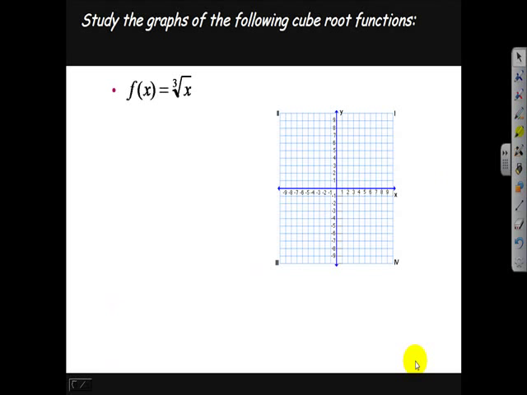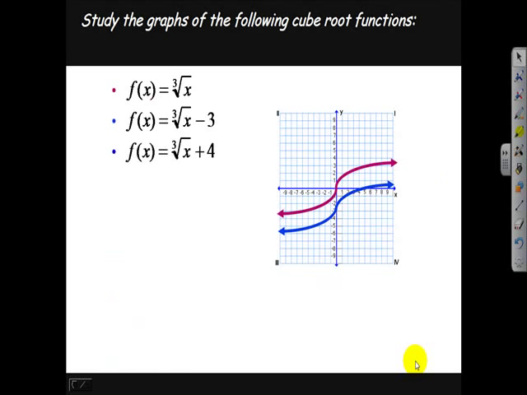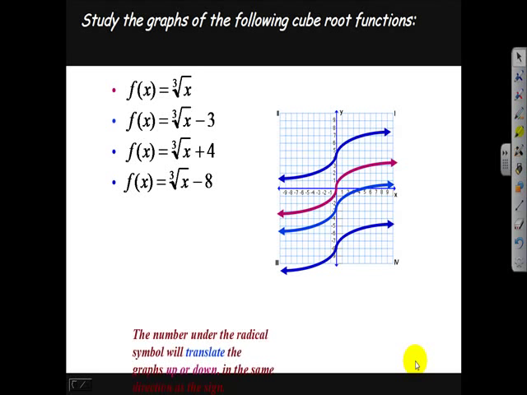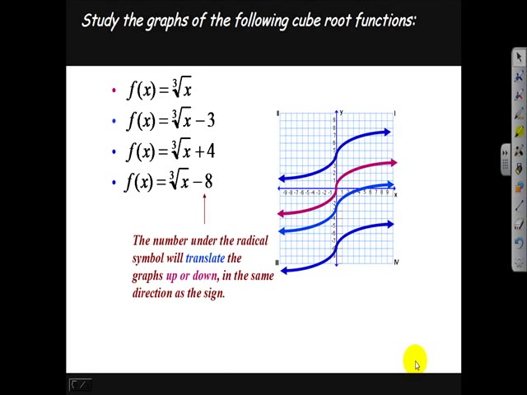If we add or subtract on the outside, we get that vertical translation up and down. So minus 3 will go down 3, plus 4 will go up 4, and minus 8 will go down 8. So the translation on the outside is up and down in the direction that the sign says.